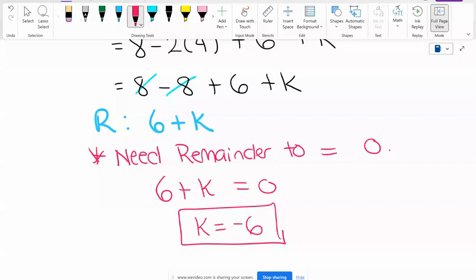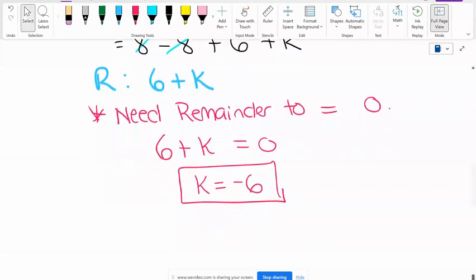All right, I'm going to show you how we could have done this exact problem using synthetic division, and then we'll be done.